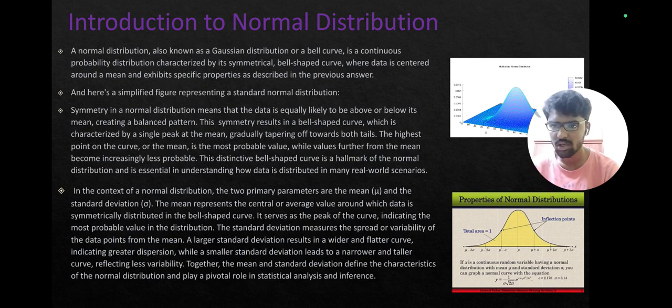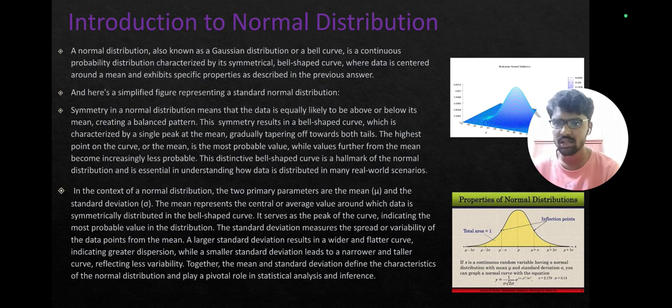In the context of a normal distribution, the two primary parameters are the mean and the standard deviation. The mean represents the central or average value around which data is symmetrically distributed in a bell-shaped curve. It serves as the peak of the curve that indicates the most probable value in the distribution.